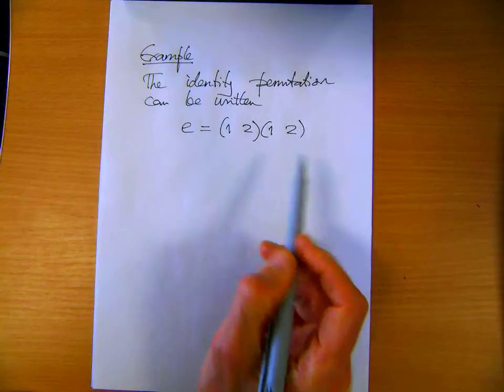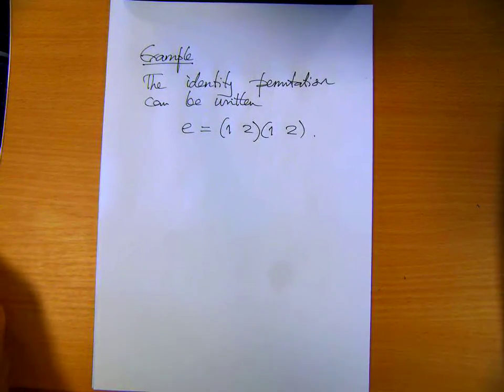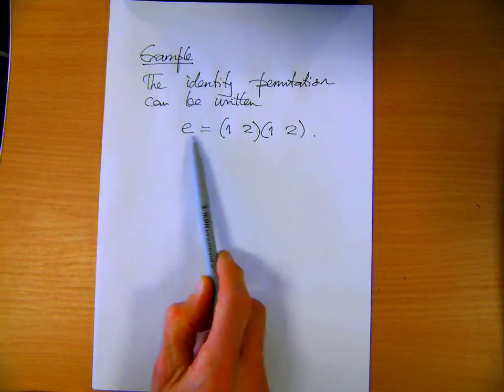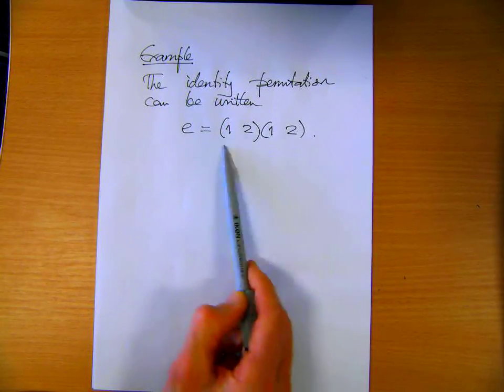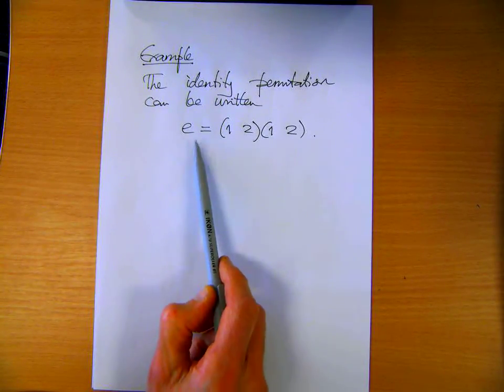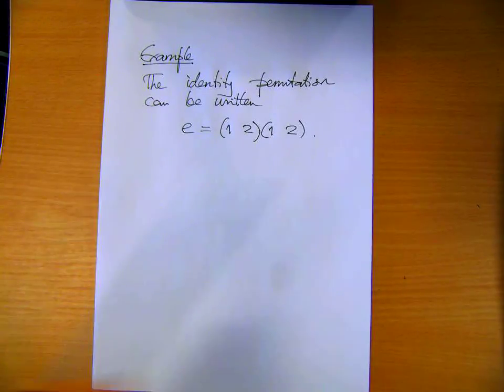I'm not stating which set I'm acting on here, but it's got to be of cardinality at least 2. But the identity element can be written as (1 2) times (1 2). So that's a product of transpositions. So the identity element can be written as a product of transpositions.